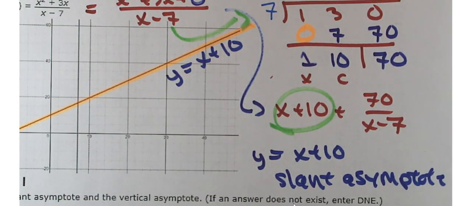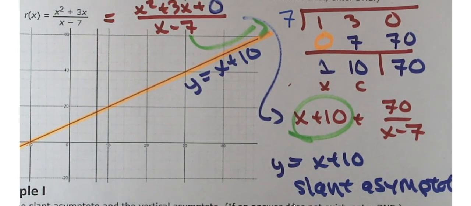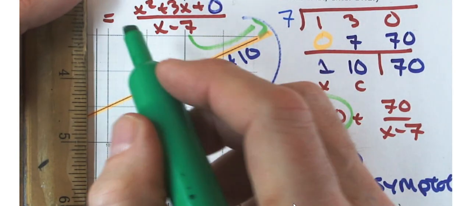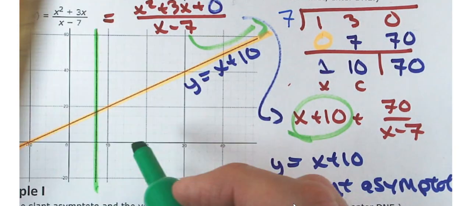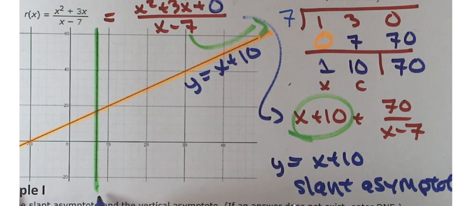Anyone tell me where that one is? Blake? What do we got for the vertical asymptote? 7. Yeah, x equals 7. So that's going to be this guy right here. Yep, right there. x equals 7. Nice, so we've got our asymptotes down.